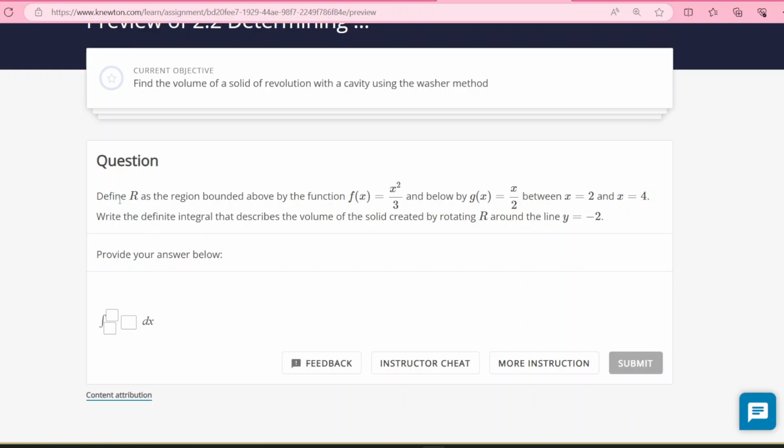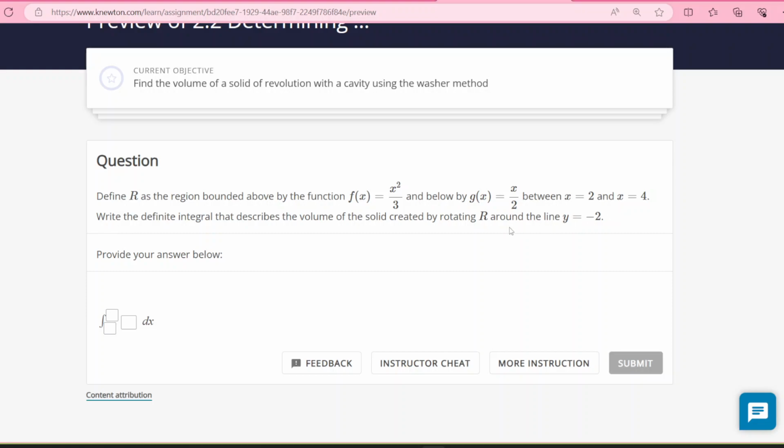So here I've got some region on the xy plane. Find region R as the region bounded above. So this parabola is on top, this line is on the bottom, and we're going from the interval x equals 2 to x equals 4. This time, instead of rotating around the x-axis or the y-axis, I'm rotating around some other line.